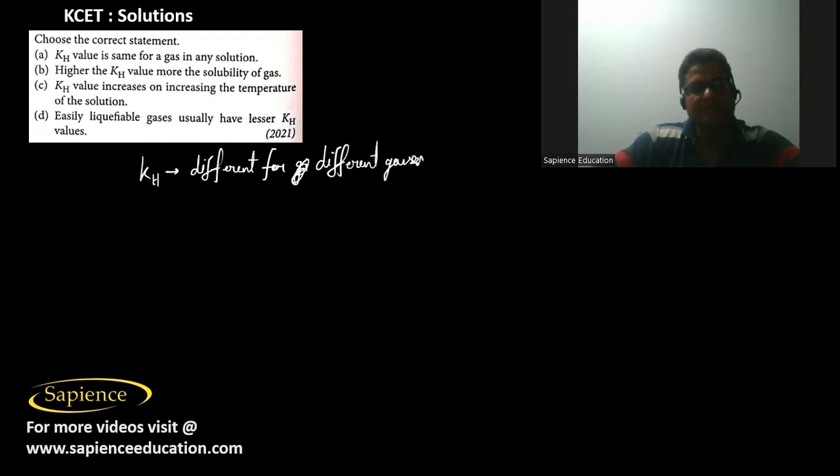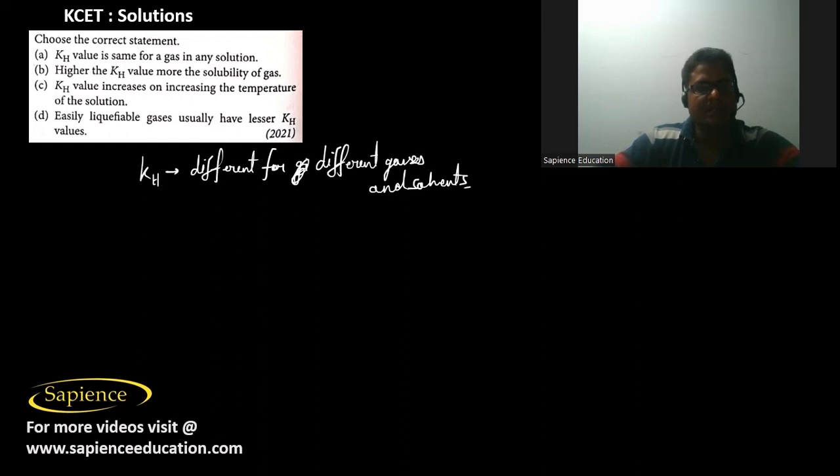Then it is told, choose the correct statement. KH value is the same for a gas in any solution, that is not the same. KH value is different for different gases and for different solvents also.